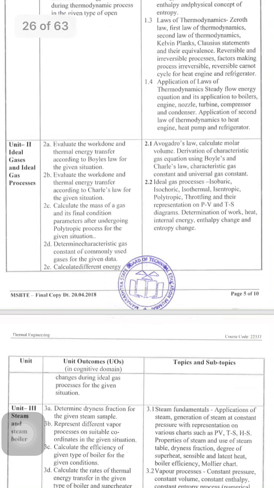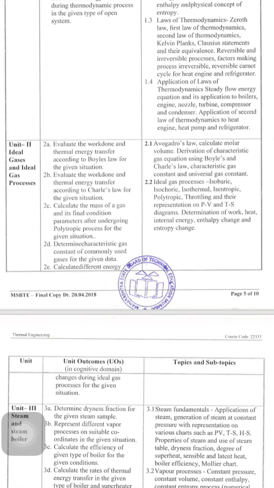Okay, this is half of the syllabus of this unit. Second, the ideal gas processes, 2.2, where we have to learn the various ideal gas processes like isobaric process, isochoric process, isothermal process, isentropic process, polytropic process, throttling, and all processes' representation on the PV and TS diagram. We know the PV diagram, pressure volume diagram, and the TS diagram, temperature entropy diagram, and we learn the various processes on these diagrams.